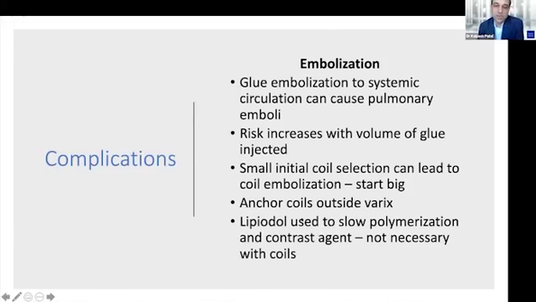I really try to use the largest coil that I can fit into the varix using the estimated size. Again, we talked about a technique to anchor coils as well. But between selecting the coil size and limiting the amount of glue, the dreaded risk of embolization, I think, is very much mitigated by this technique.